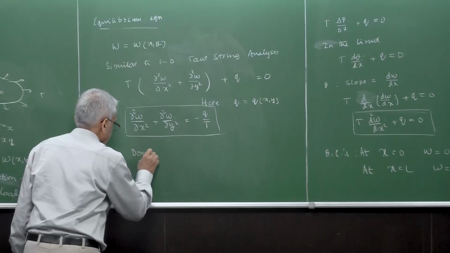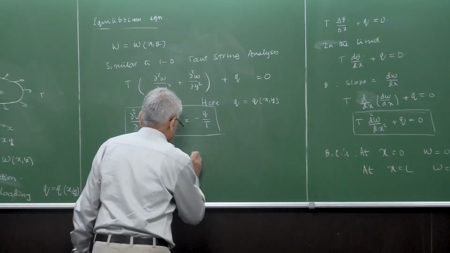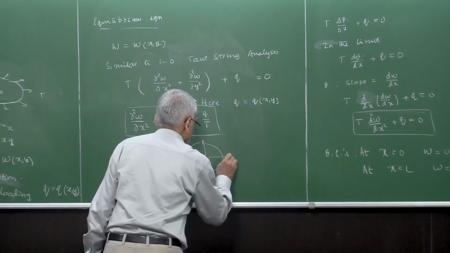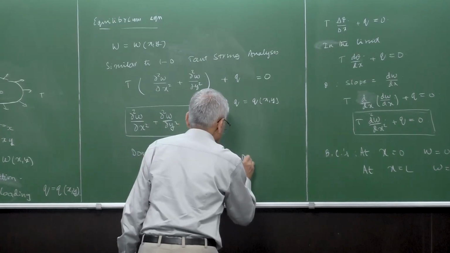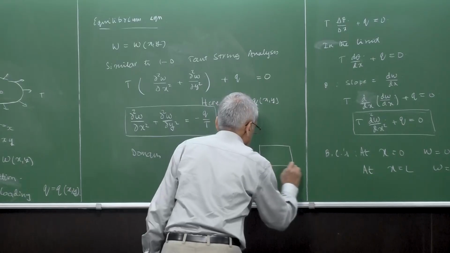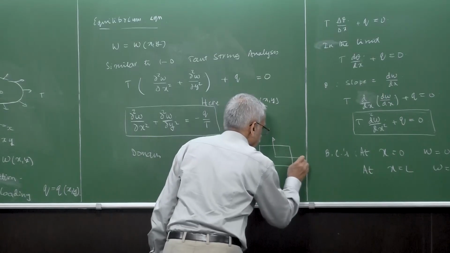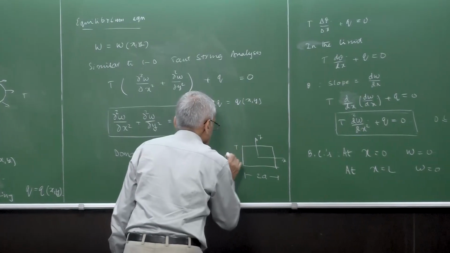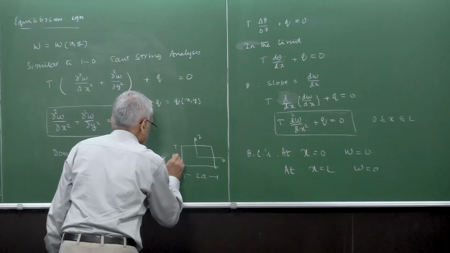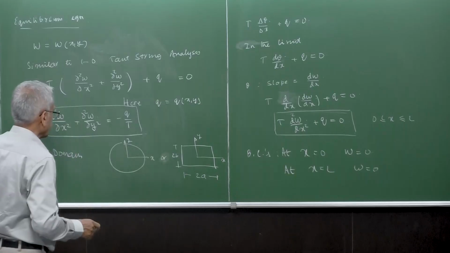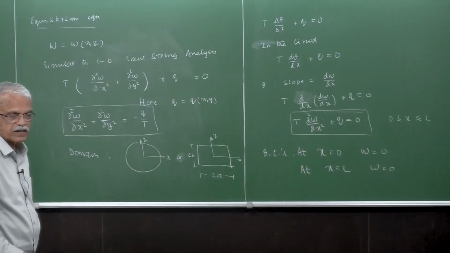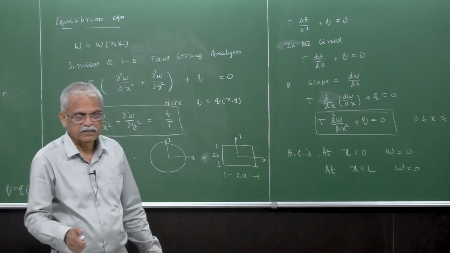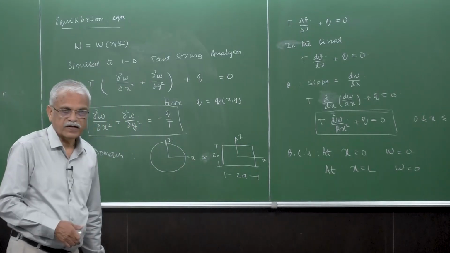The domain can be anything like this one, or it can even be a circular domain as a typical tabla, or it can even be a rectangular domain, just like the thing people jump up and down on for entertainment.